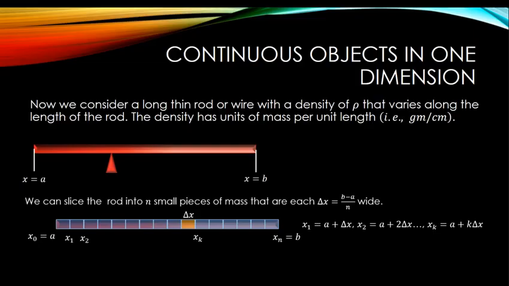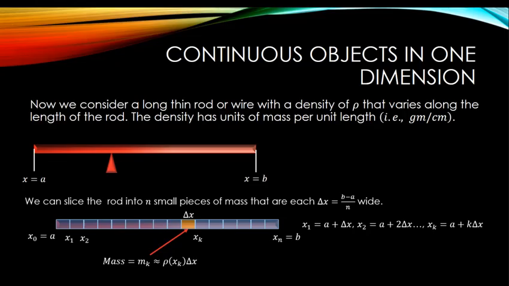I can see that x sub 1 is equal to a plus delta x, x sub 2 will be equal to a plus 2 times delta x, x sub 3 will be equal to a plus 3 times delta x, and so on. So this means that x sub k is going to be equal to a plus k times delta x.